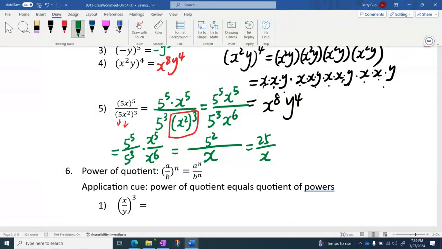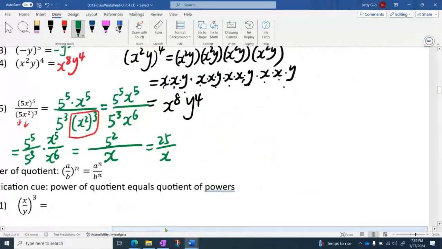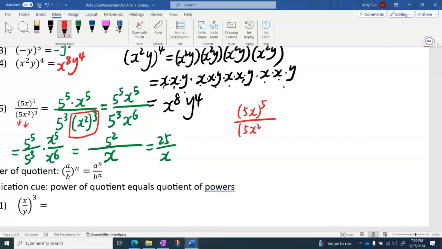Unless you really enjoy the first method and can handle it, I believe some of you don't really understand what's going on. So this is what you can do. You have 5x to the power 5, and 5x squared to the power 3. You can write the numerator as 5x, 5x, 5x, 5x, 5x.